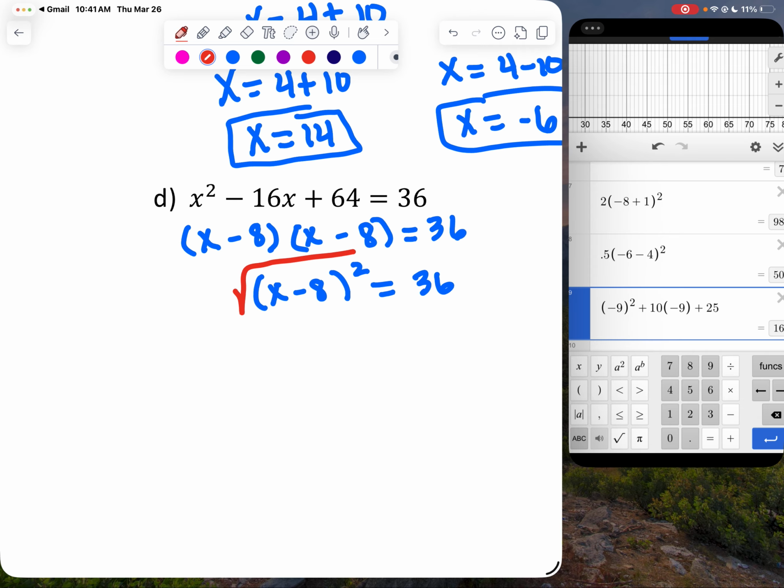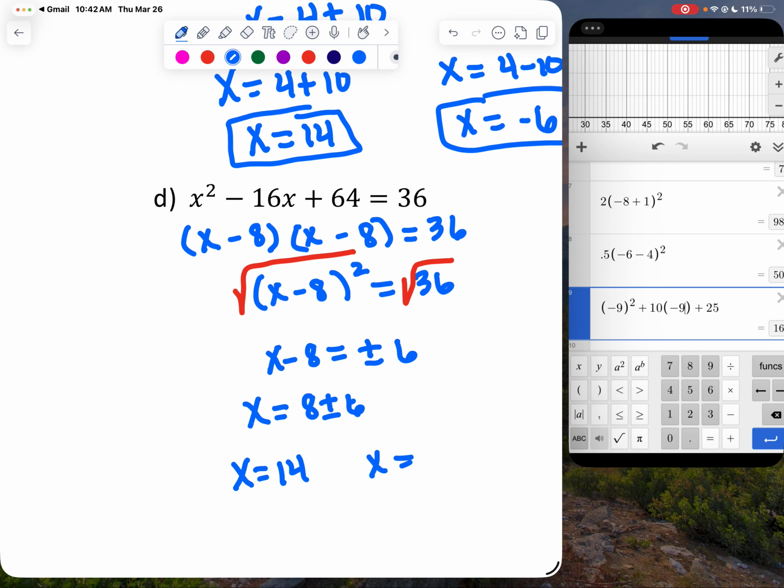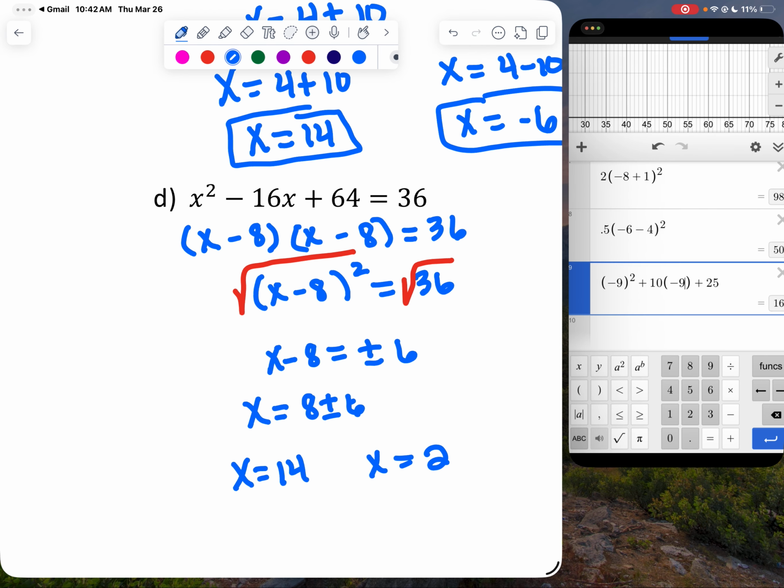Now square root both sides. So that would give me x minus 8 equals plus or minus 6. Add the 8 to both sides to get positive 8 plus or minus 6. So 8 plus 6 is 14. 8 minus 6, positive 2.